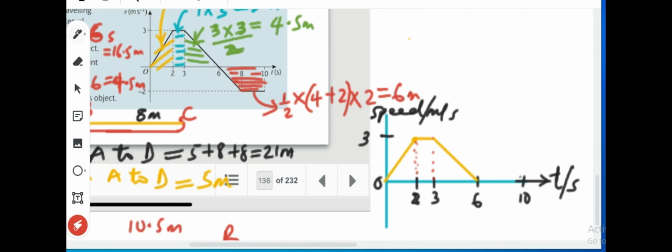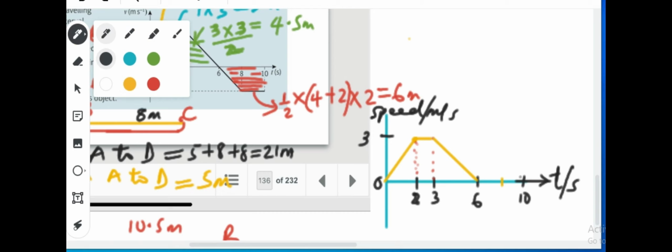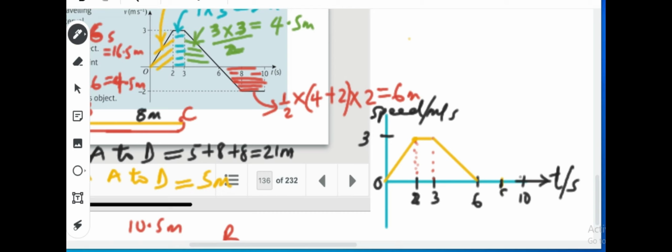So this is 8. This position is 8. So 6 to 8 is constant acceleration in the backward direction.